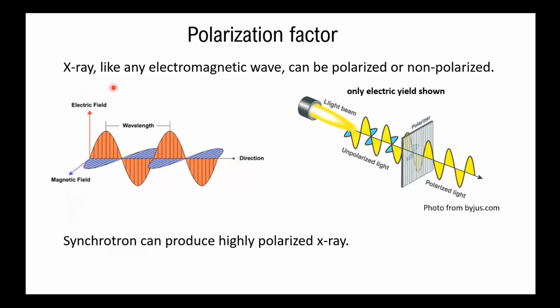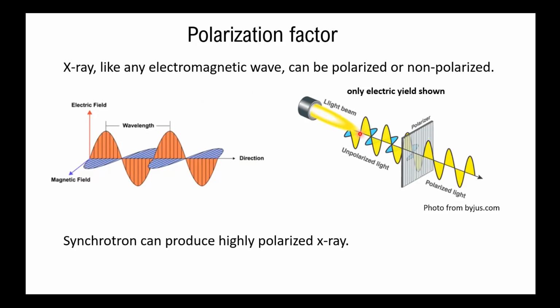As everybody understands, X-ray itself is just like any electromagnetic wave, like visible light, ultraviolet or infrared. Any electromagnetic wave has both an electric wave and a magnetic wave, which are coupled together, right? This is something that was taught in high school physics. The typical light, when it is not polarized, has electromagnetic waves in all directions.